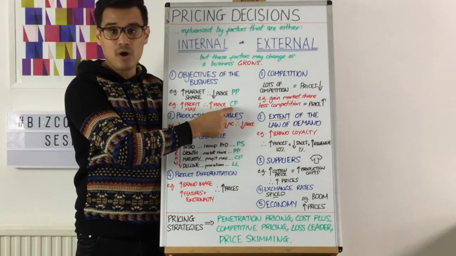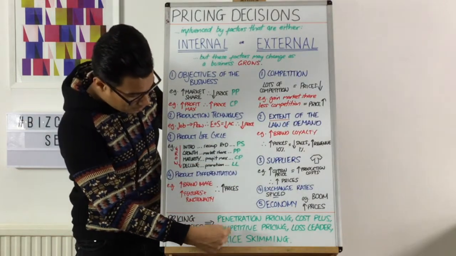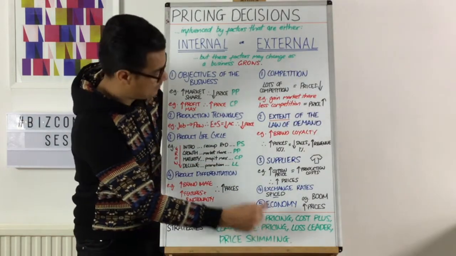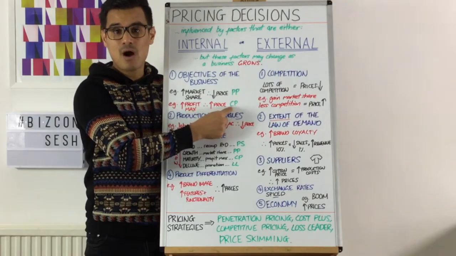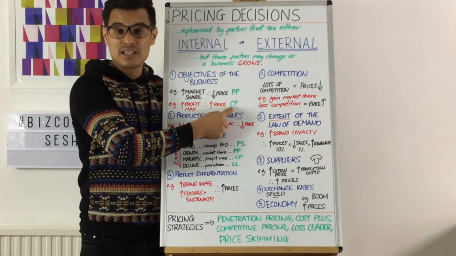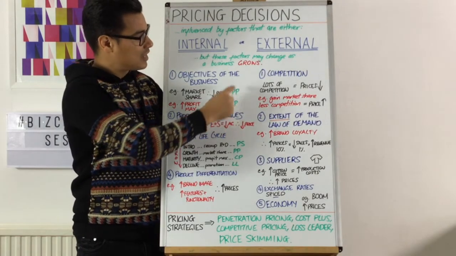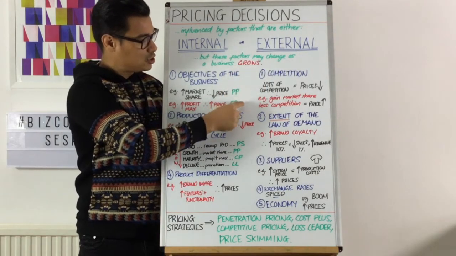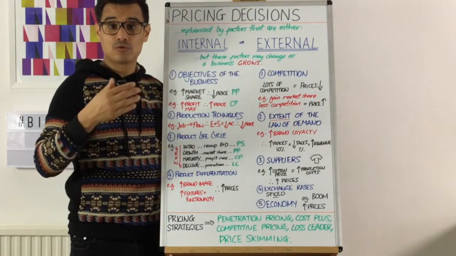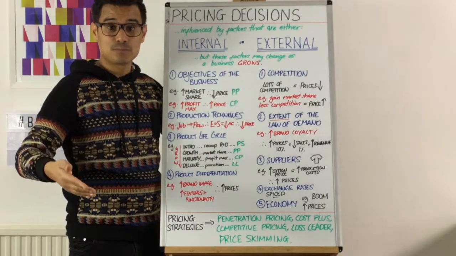And in this case, you might change your pricing strategy from penetration pricing to competitive pricing. Maybe you're now in a market that is more saturated and you want to ensure that your price is roughly the same price as everyone else. So that's an example: as the business grows, you're changing your objectives and therefore you are changing your pricing decision.